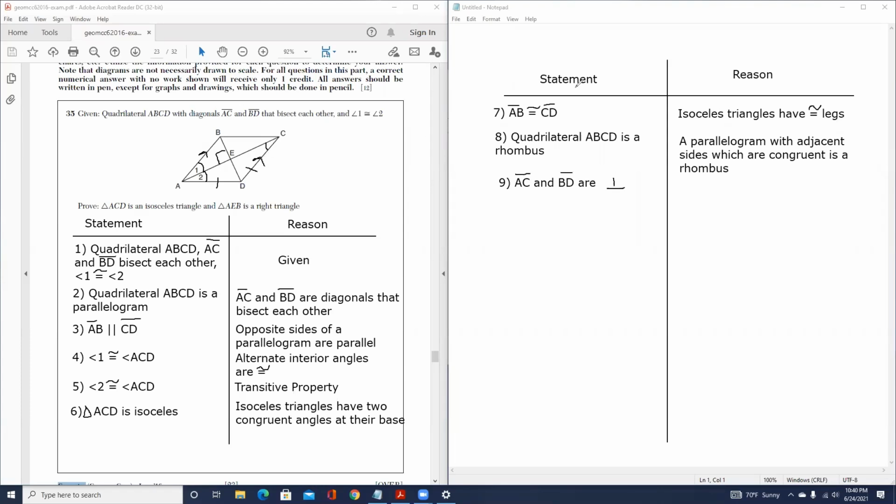AC and BD are perpendicular, the reasoning being that rhombi have perpendicular diagonals.